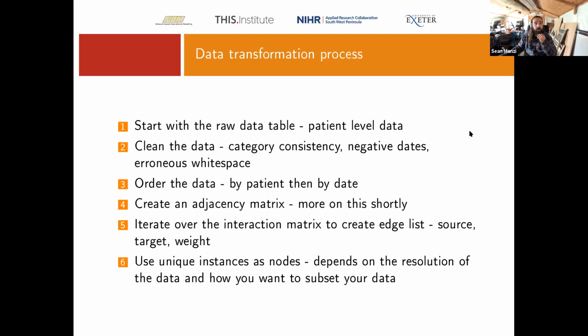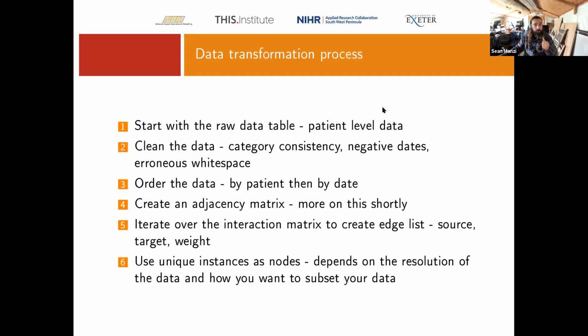So the data transformation process itself, just to talk through this, and we'll go through it a bit more step by step, is we start with the raw data. In healthcare circumstances, and the examples I'll be using around that, we're looking at patient level data.